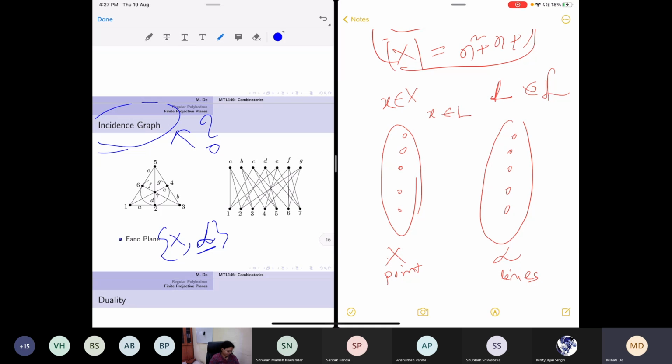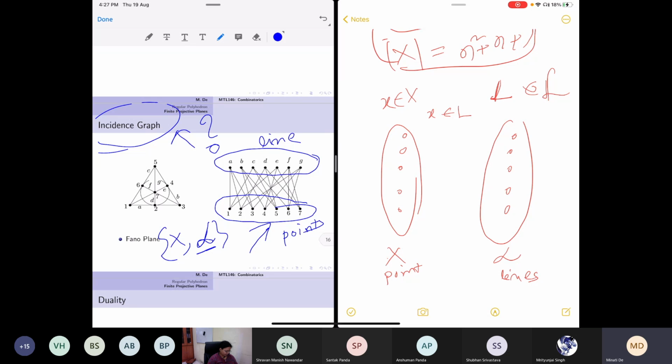For example, in this plane example, on one side I have 1, 2, 3, 4, 5, 6, 7, which correspond to points, and A, B, C, D, E, F, G, which correspond to the lines.